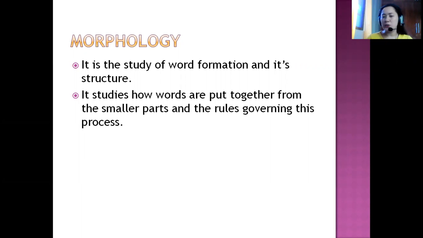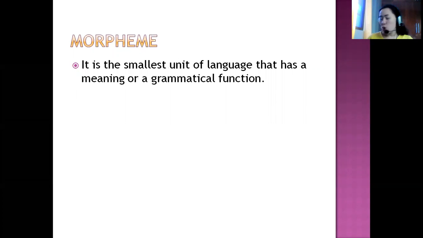Okay, so again, when I say smaller parts, I'm referring to the morpheme. So what is a morpheme? It is the smallest unit of language that has a meaning or a grammatical function.